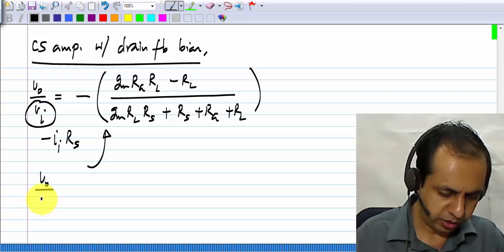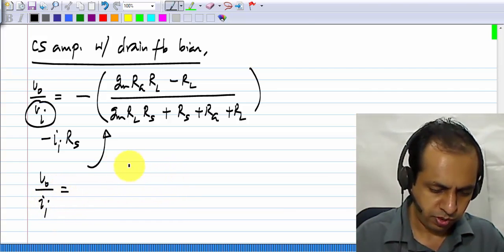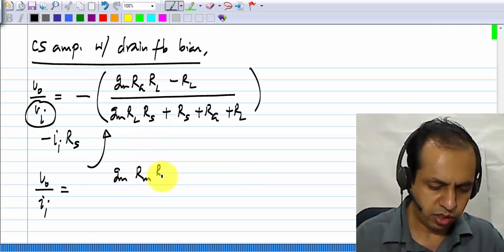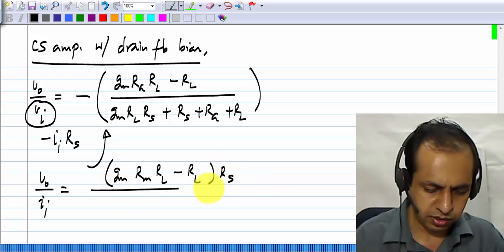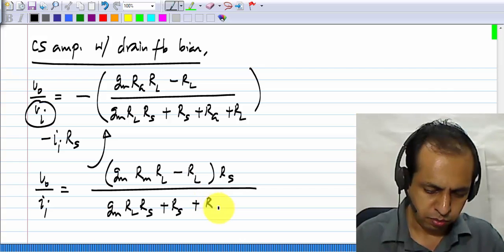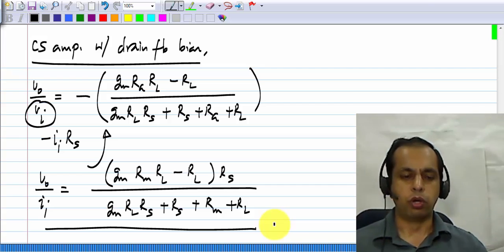So V naught by II will be equal to Gm Rg, which is called Rm, so Rm RL minus RL times Rs, divided by Gm RL Rs plus Rs plus Rm plus RL.